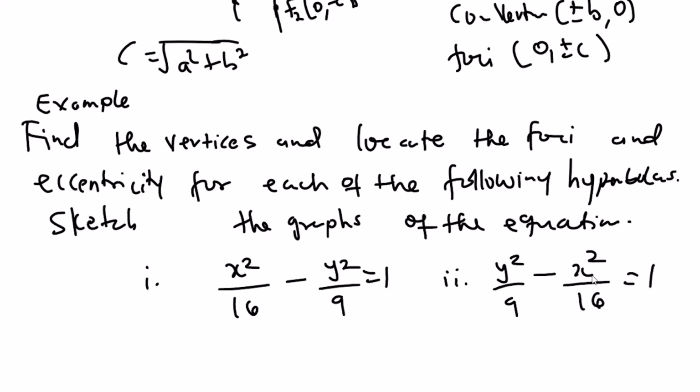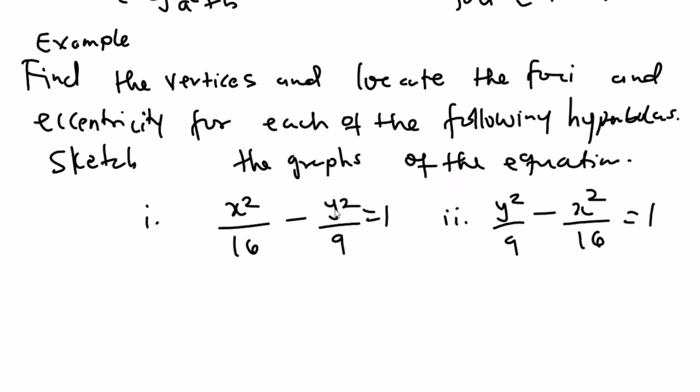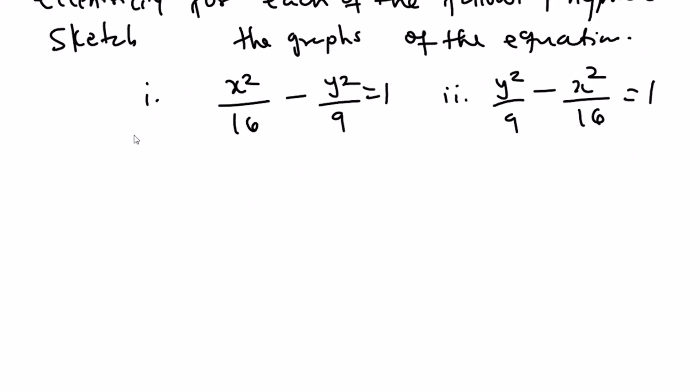Alright, so let's dive into the question. Find the vertices and locate the foci and the eccentricity. The eccentricity here talks about how the conic section deviates from being a circle, or being in a circular form.